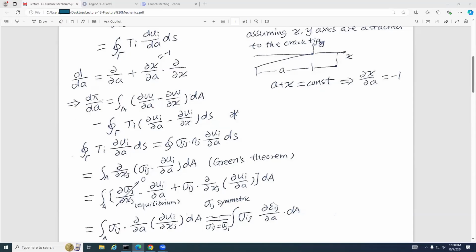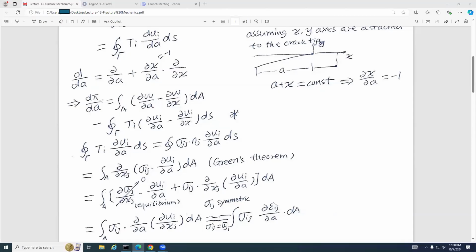Because d sigma ij dxj equals 0, we know that, this is the equilibrium equation sigma ij comma j plus fi equals 0.